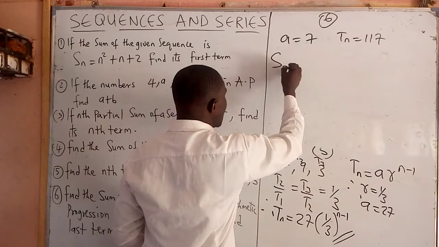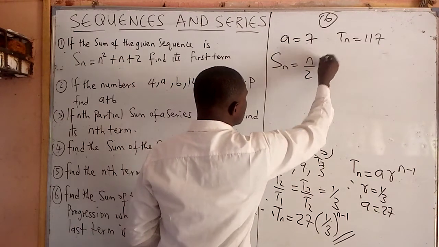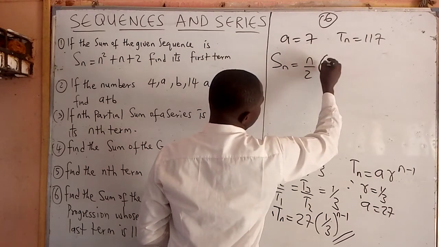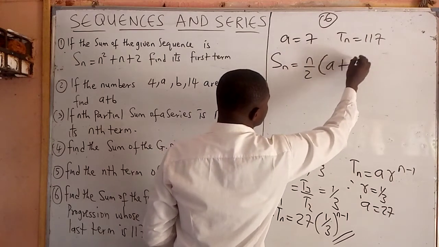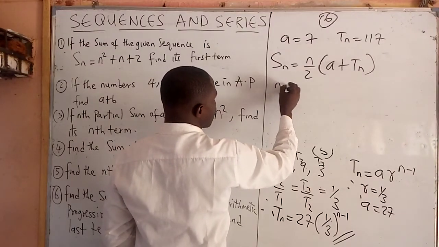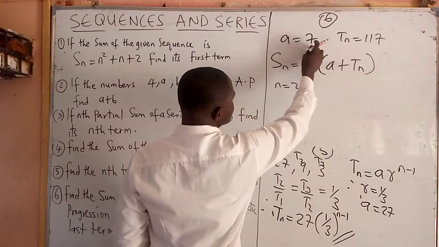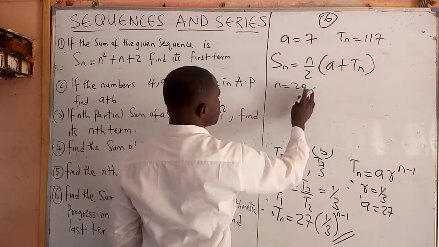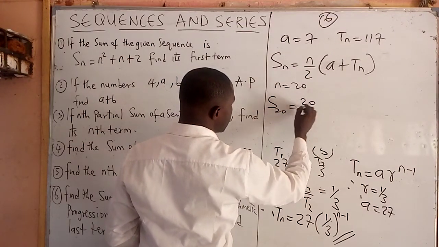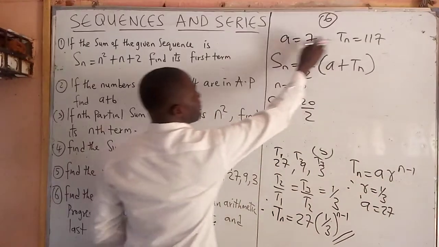You say Sn equal to n over 2 bracket a plus tn, where our n equal to 20, our a is 7 and tn is 117. So you now say S20 equals 20 over 2. You are now putting in the parameters they gave you.